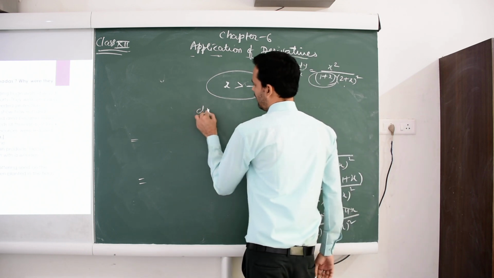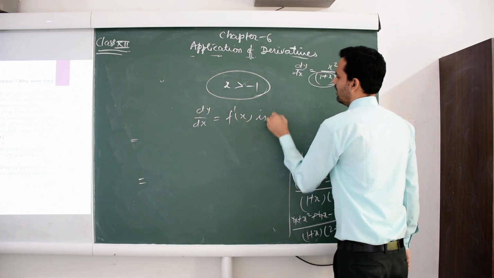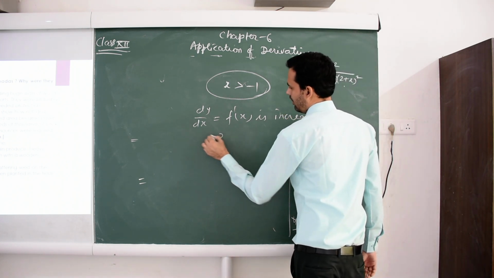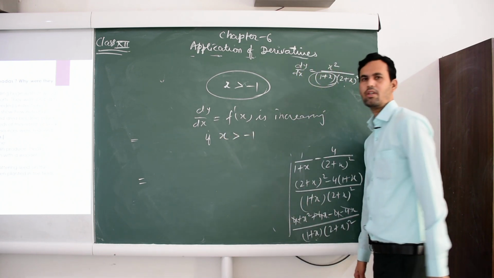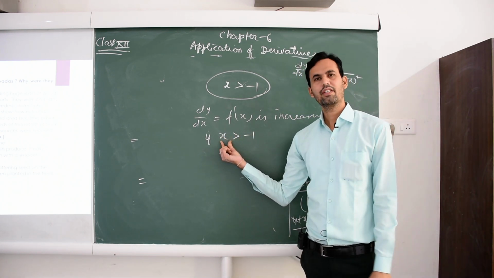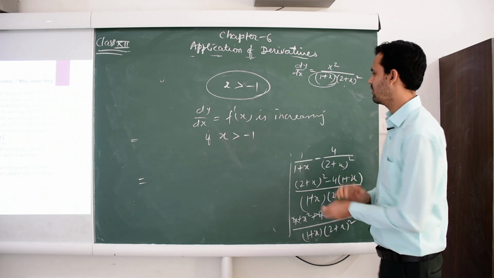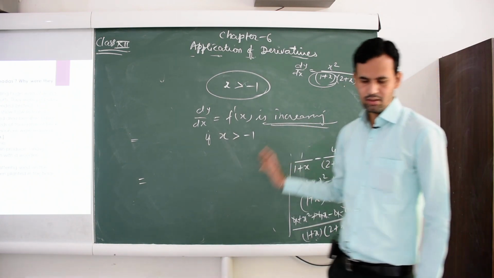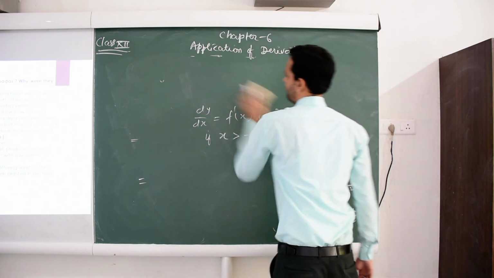So dy by dx or f'(x) is positive if x is greater than minus 1. Okay, if the value of x is greater than minus 1, then the value of dy by dx is always positive, and if the value is positive, then the function is increasing. Now next question, question number 9.